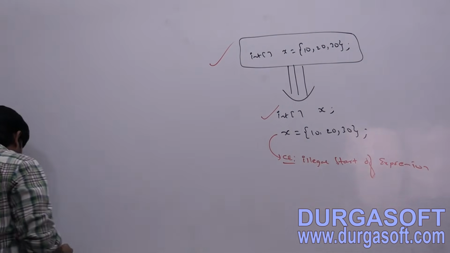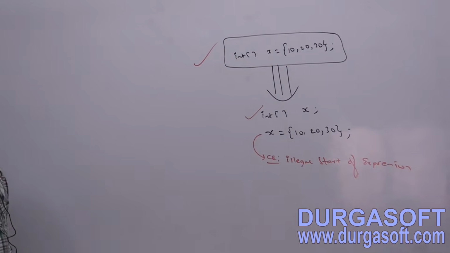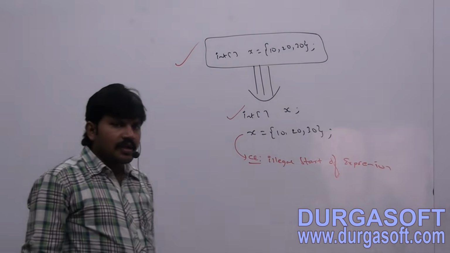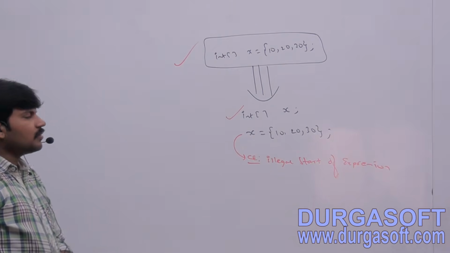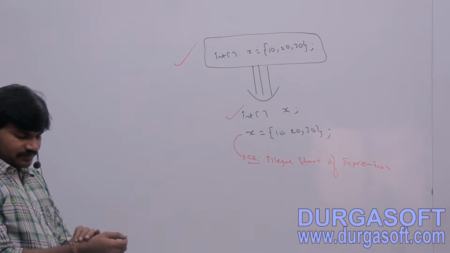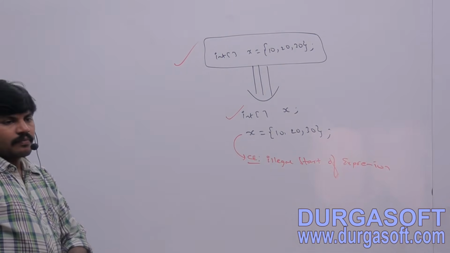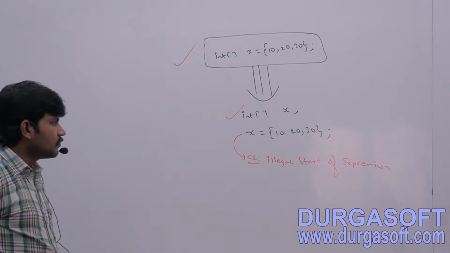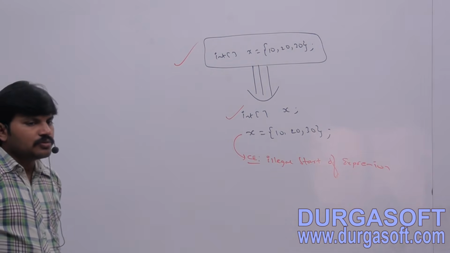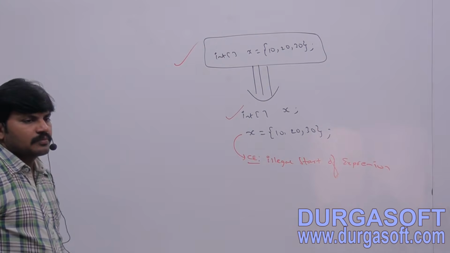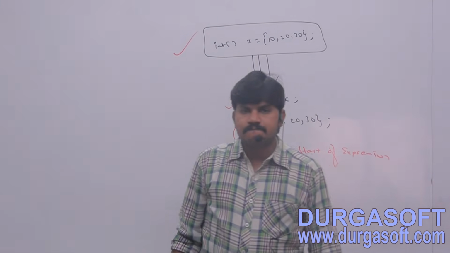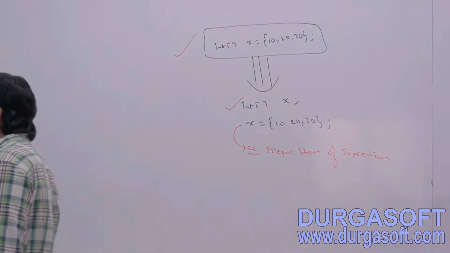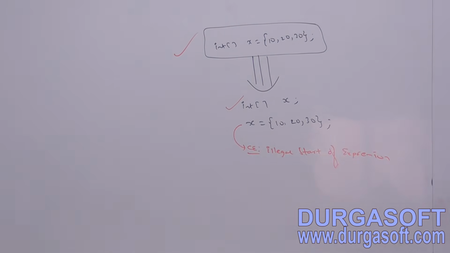Take this example well. Int array x is equal to 10, 20, 30 is the first one. Now if I try to divide into multiple lines, we are going to get a compile time error by default.